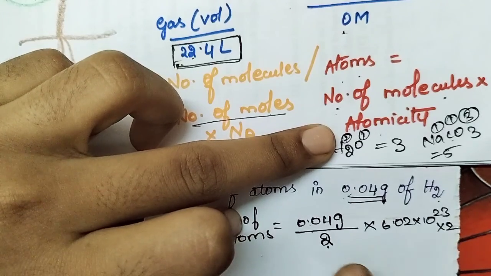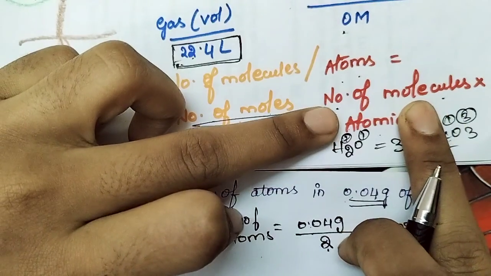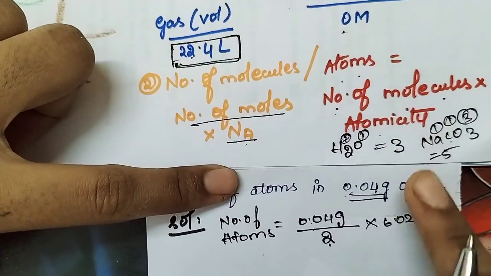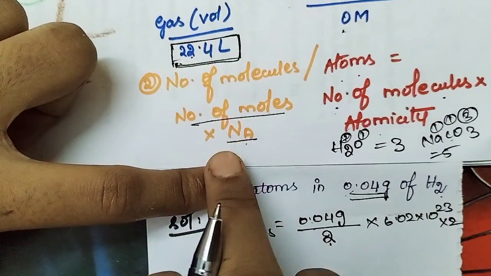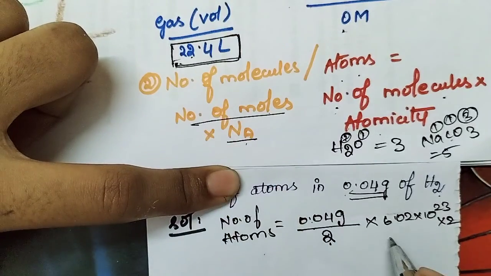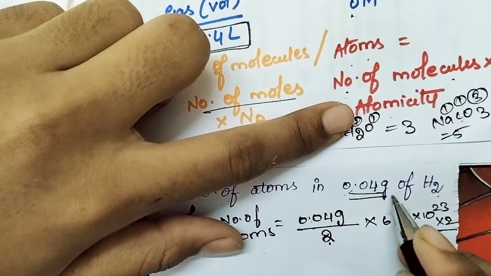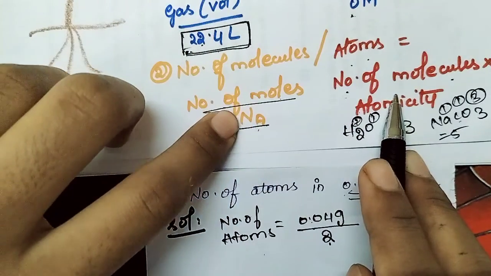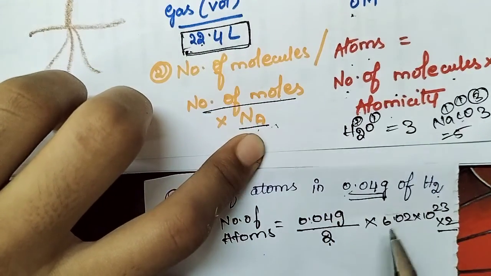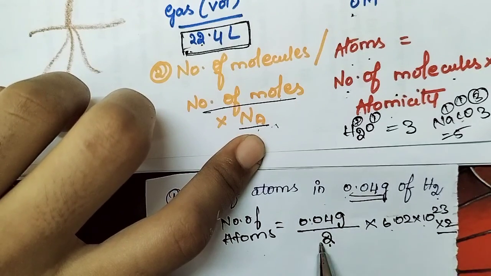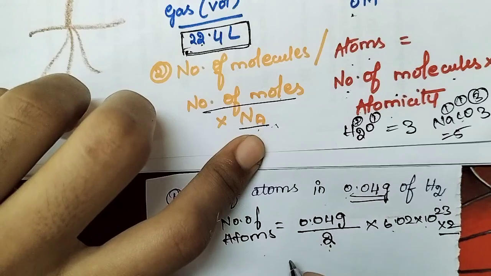So be clear how I am solving here. Number of molecules into atomicity is the number of atoms, correct? To find the number of molecules, number of moles into Avogadro number. Number of moles I am calculating as given mass by original mass.